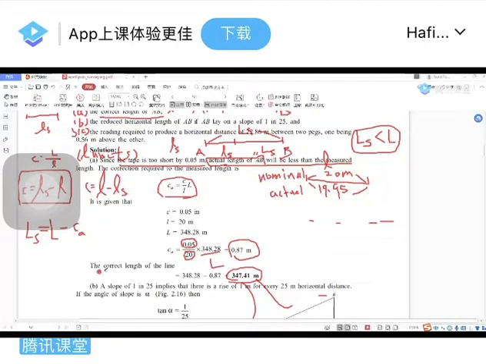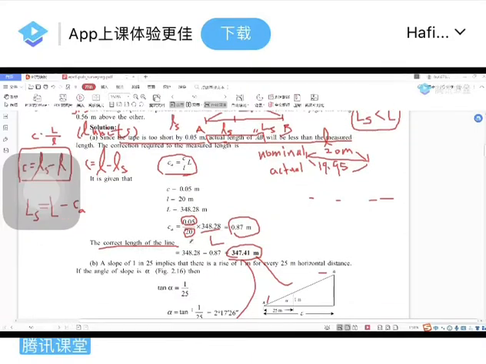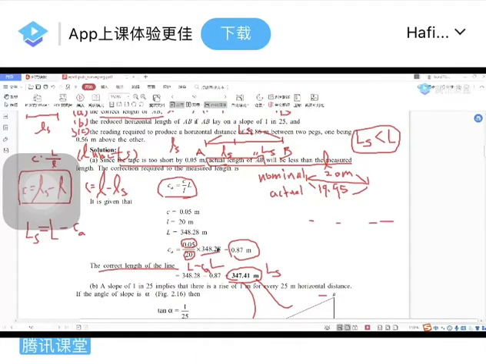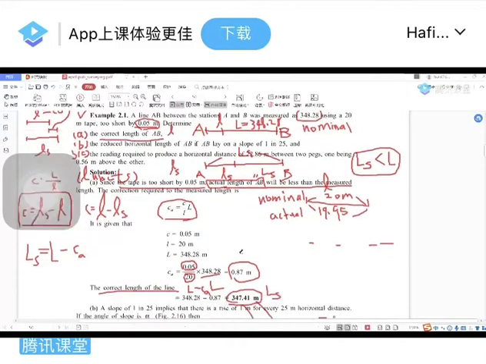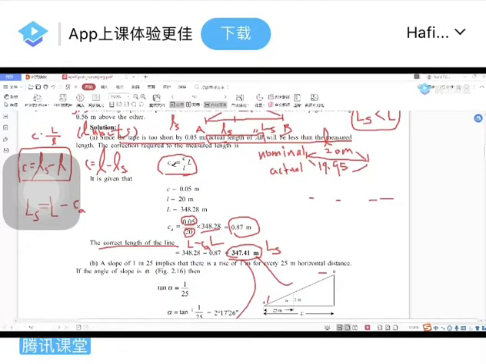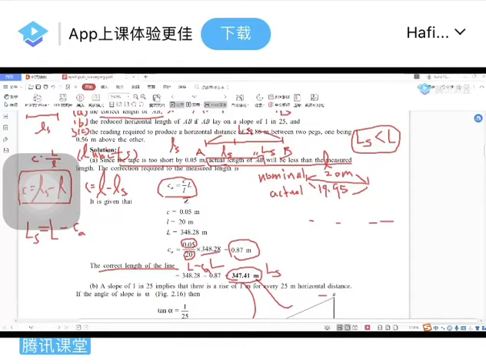So the correct length will be your measured length minus CA. This is your LRS, the standard one. You have already done the correction. So next time, you can use this formula directly.